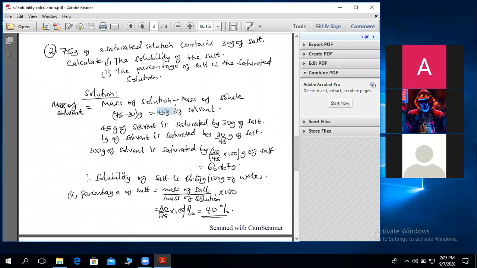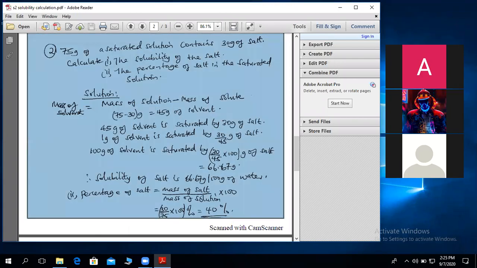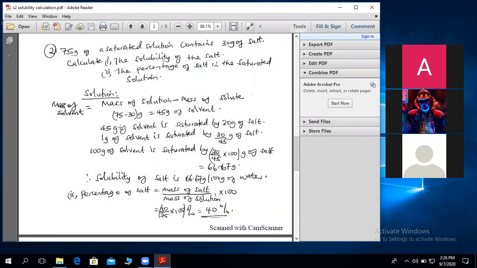So this is the mass of the solvent, and you will say 45 grams of solvent is saturated by 30 grams of solute.